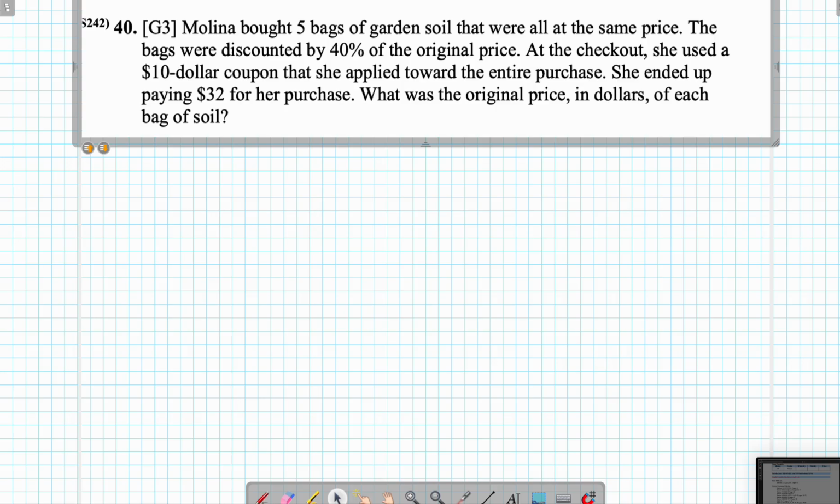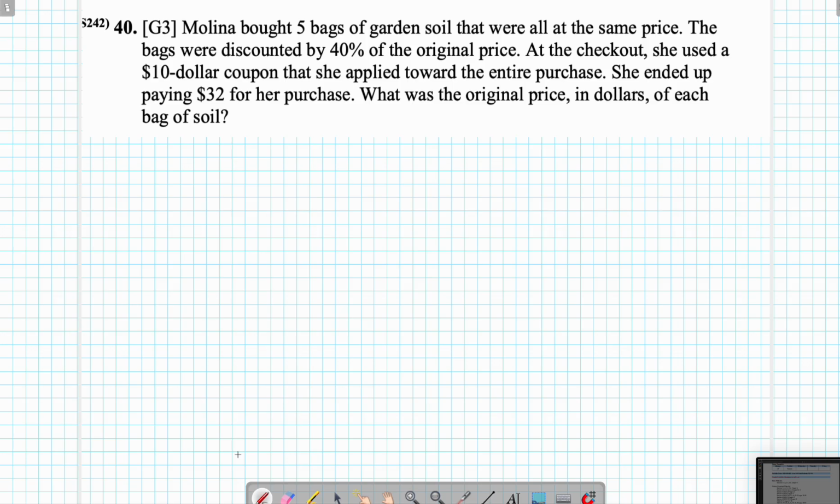Now let's start backwards for this question. She paid $32, right? But she saved 10. So 32 plus 10. Perfect, right? And then they said the bags were discounted by 40% of the original price. That means she paid 100 minus 40%, which is equal to 60%, right? So she paid for 60% of the original price.